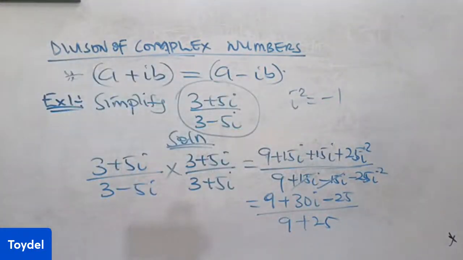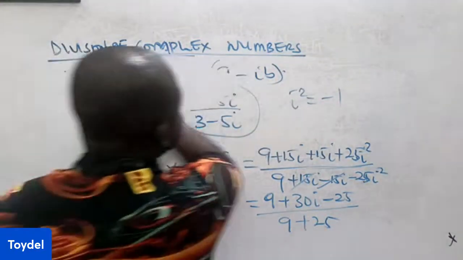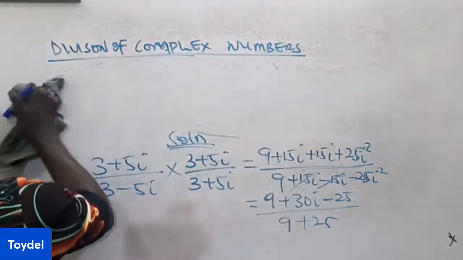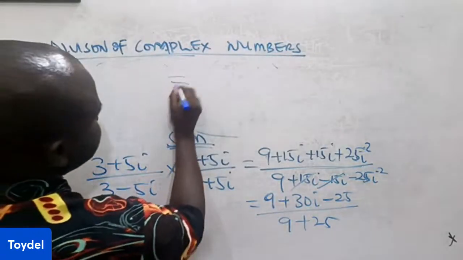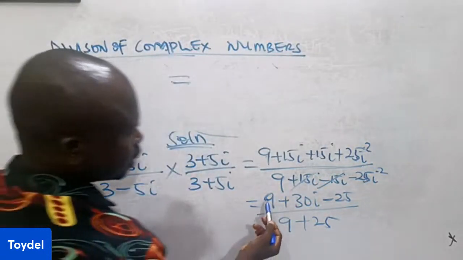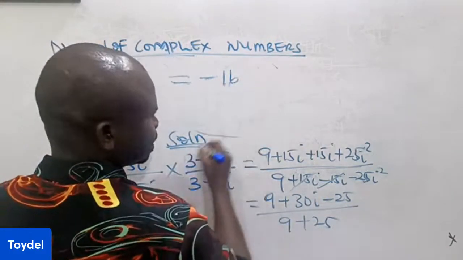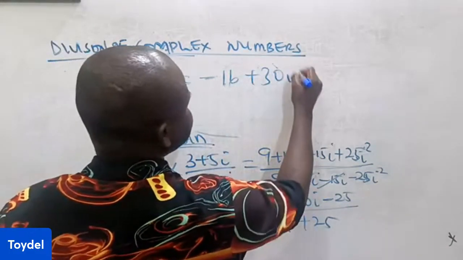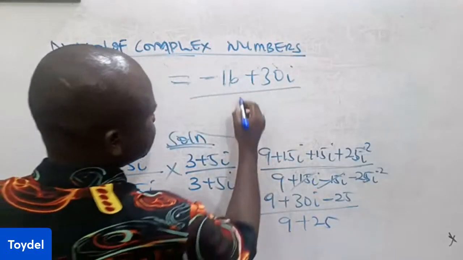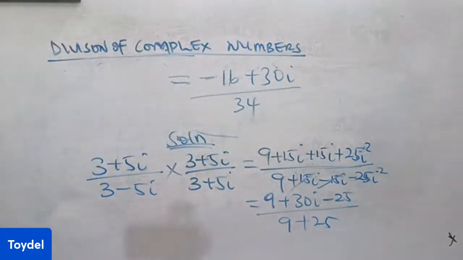So at the end of the day, the final answer will be 9 minus 25, that's minus 16, plus 30i all over 34. That's what we are going to get if you do that correctly.